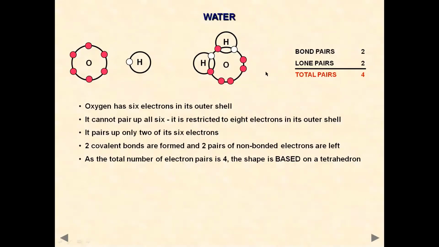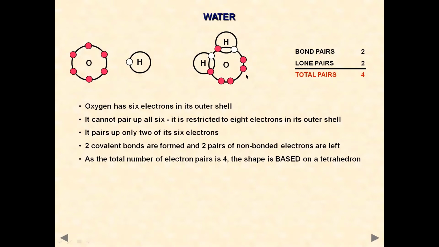Let's have a look at the example of water. In the case of water, oxygen has 6 electrons in the outer shell. It cannot pair up all 6 because the maximum number of electrons allowed is 8. It can only pair up with 2 hydrogen atoms. In this case, we can see there's 1 covalent bond here, 1 covalent bond here.